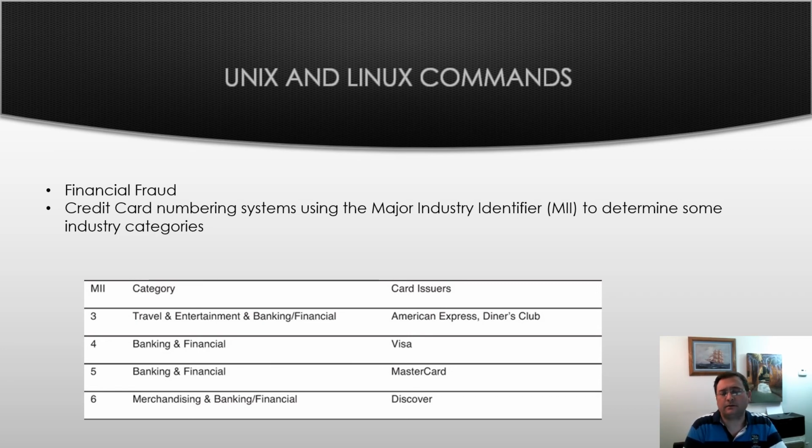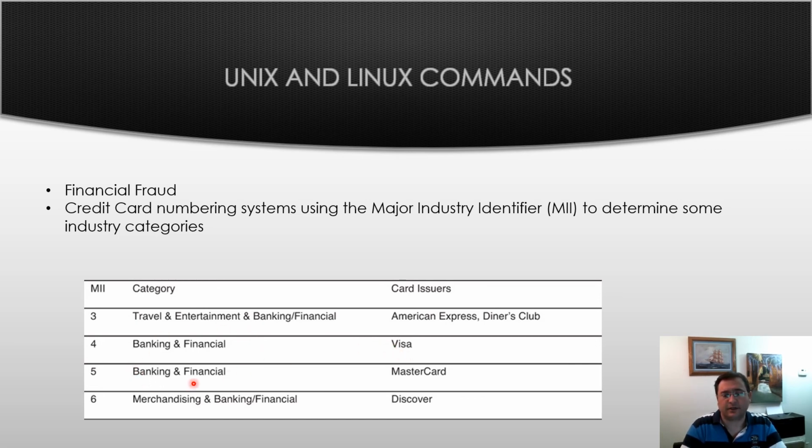And credit card numbering systems using the major industry identifier help determine some industry categories. So you need to know the credit card numbering system. Here is an example: when a credit card number starts with 4, then that's a Visa card.